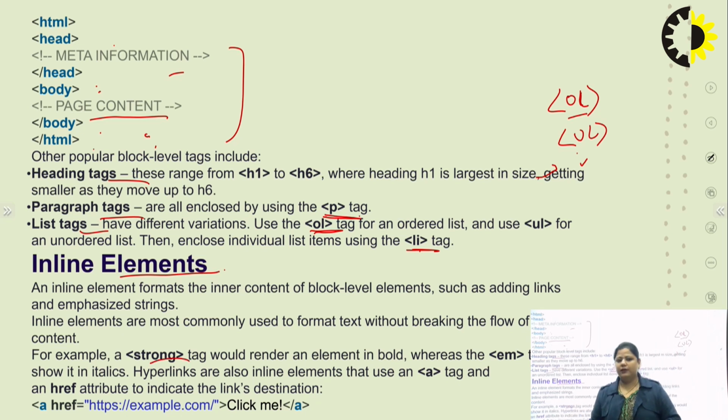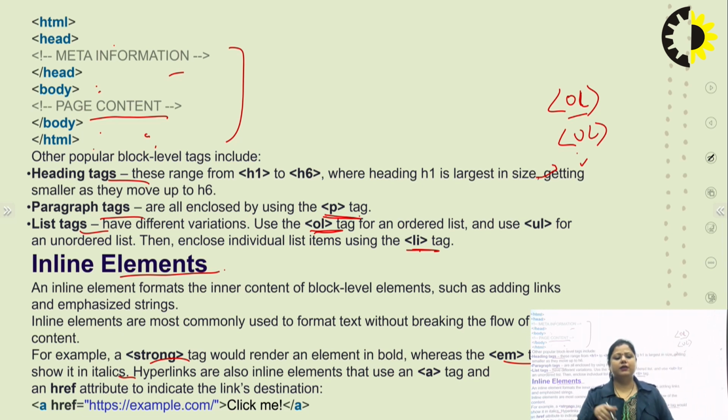For example, a strong tag would render an element in bold, whereas the EM tag, which is the emphasis tag, would show in italics, like in any Excel sheet or Word document. When we use italic coding, we choose that type of content, and this facility is also provided by HTML coding through the EM tag.